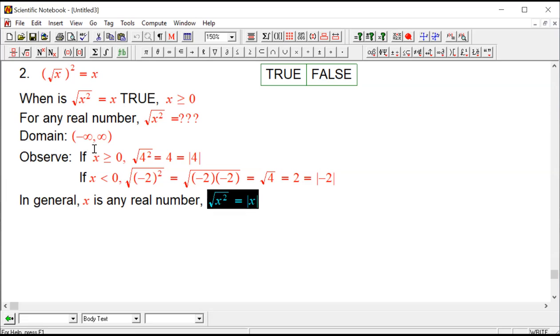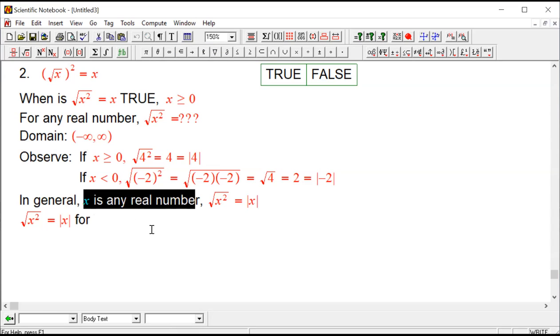This statement is always true for any real number X.